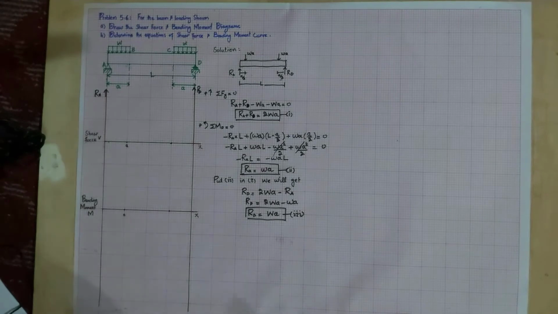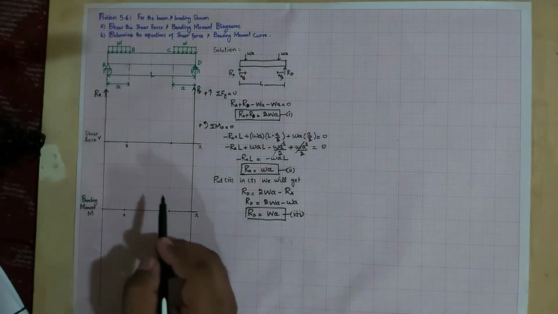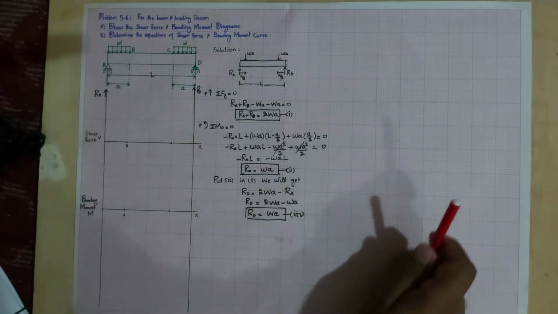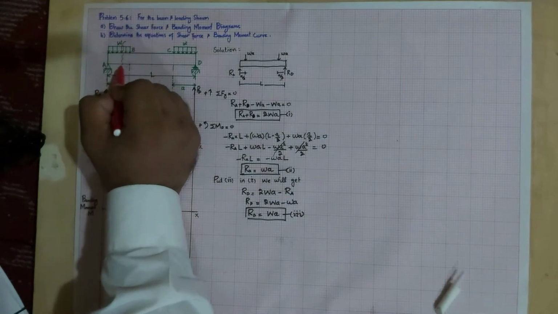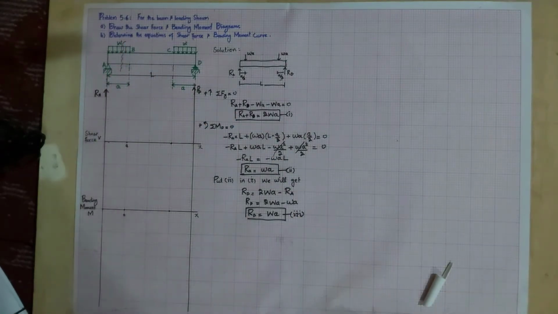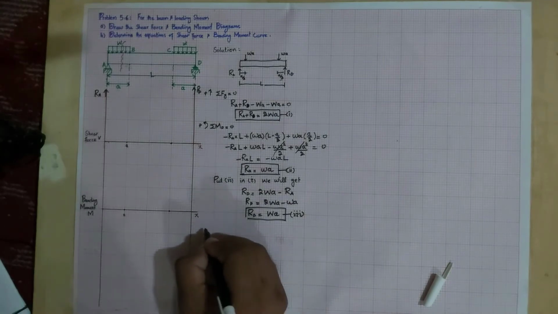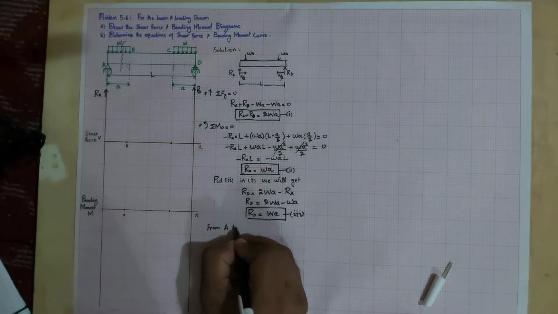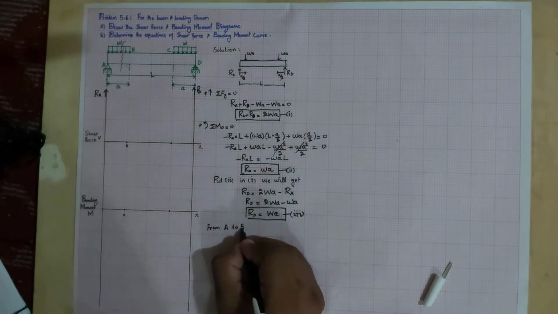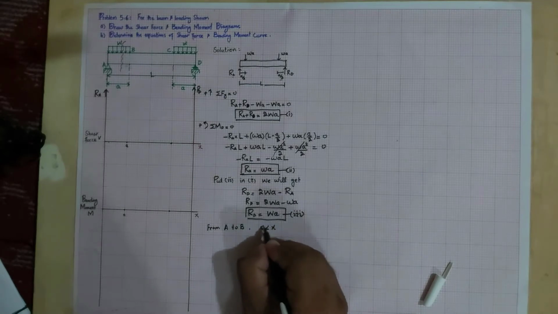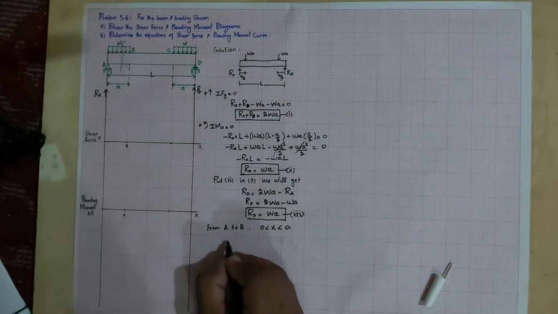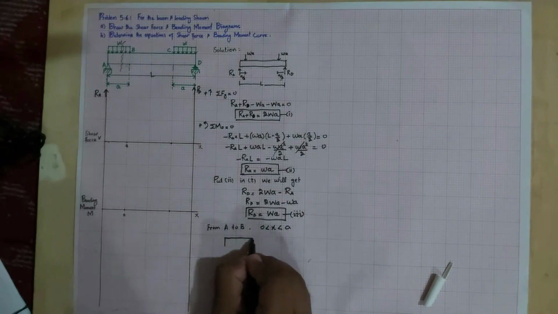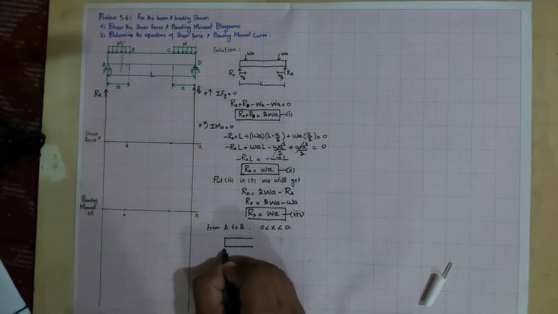Clear? Now we will move toward finding the shear force equation and bending moment equation. First we will take a section between A and B, so x is greater than 0 and less than A. If I draw the beam like this, this is the reaction force at point A. Clear?